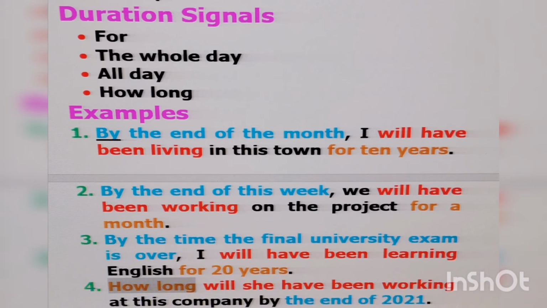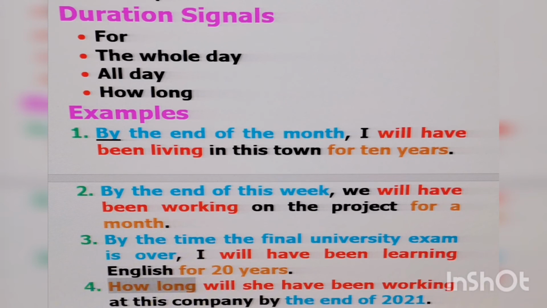Number 4, how long will she have been working at this company by the end of 2021? So, how long? This is a duration expression. Will she have been working? This is future perfect progressive. By the end of 2021, this is the time expression.